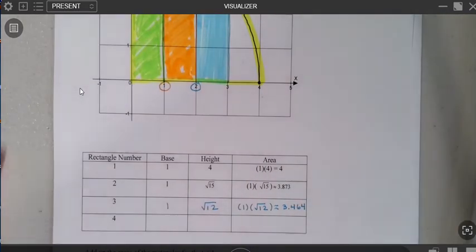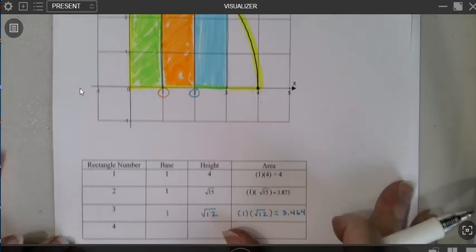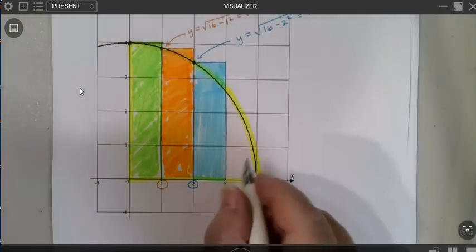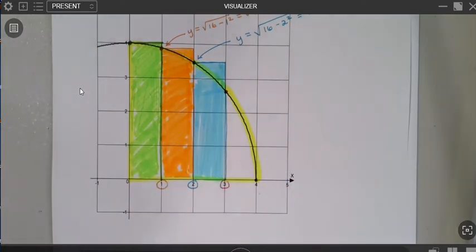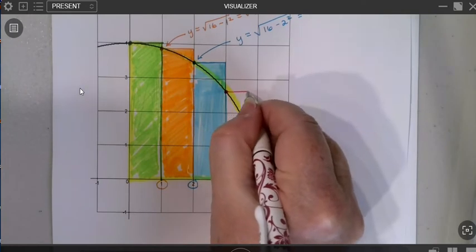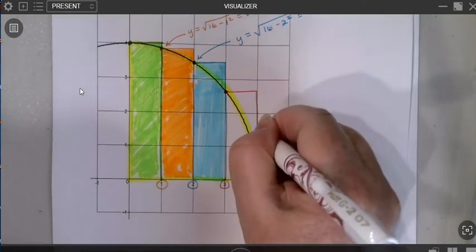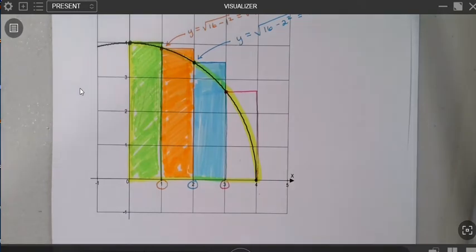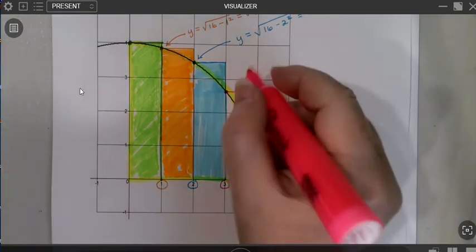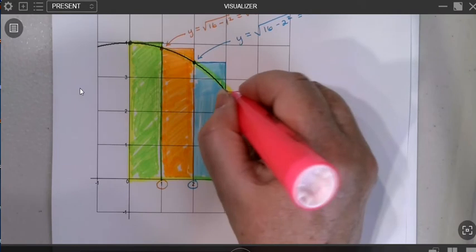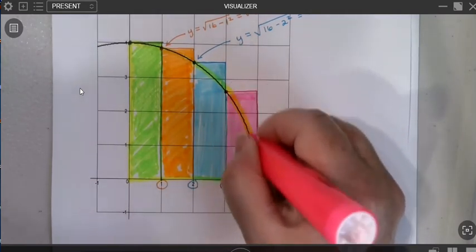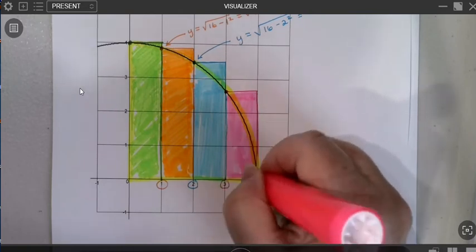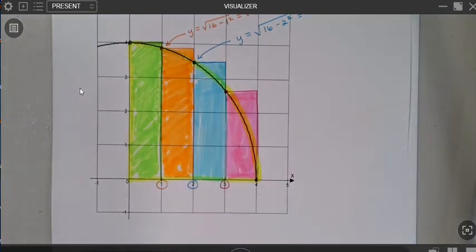All right, last one. I'm over here to x equals 3. So that's the height on my fourth rectangle. Whole bunch of extra this time. But I'm going to follow my technique, and I'm going to still use this rectangle to approximate the area under the circle. And let's see here.